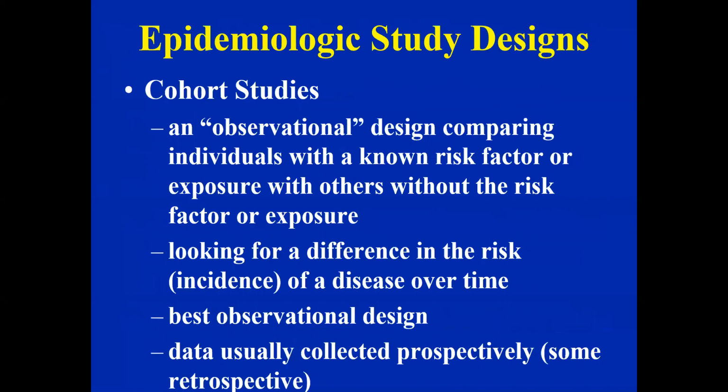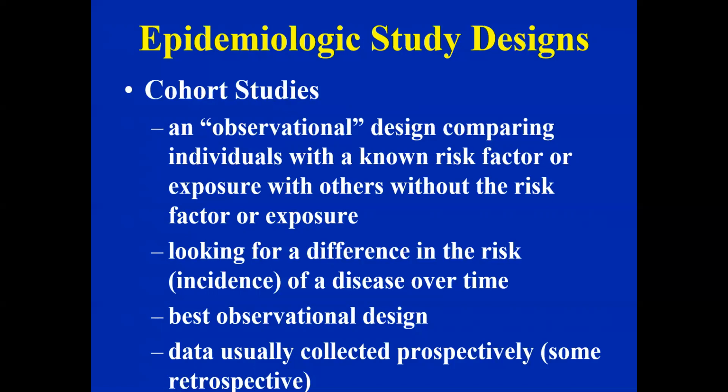Then the next study design, which we'll be discussing, is a cohort. What are cohort studies? Cohort studies are a type of observational study design where we compare individuals with a risk factor or exposure with others without the risk factor or exposure.